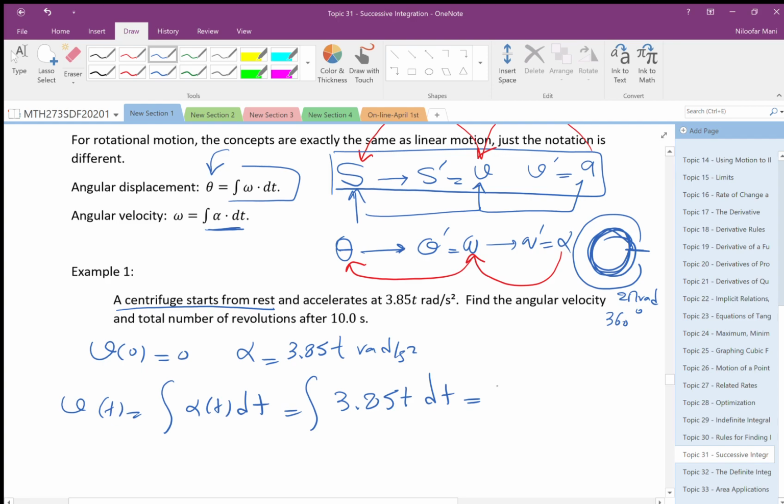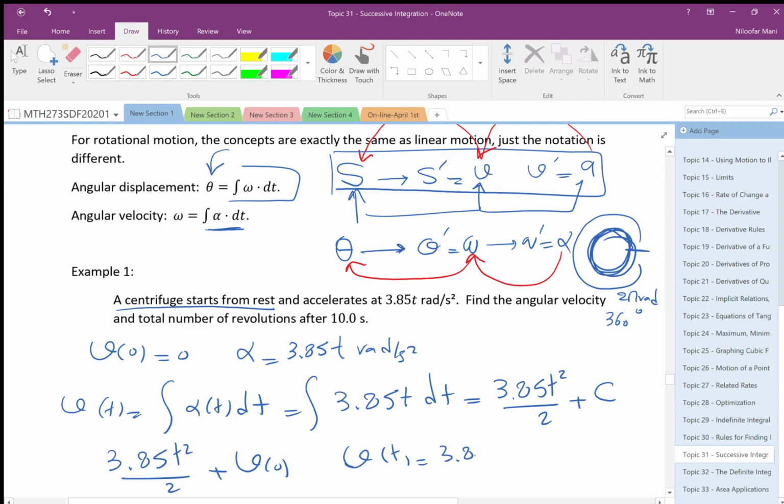It is 385 t squared divided by 2 plus c. What is c? So 385 t squared divided by 2 plus v0. What is v0? 0. So v(t) is 385 t squared divided by 2. Done. This is the velocity.